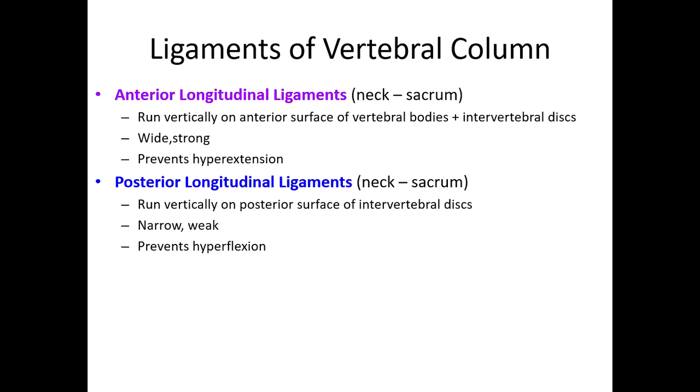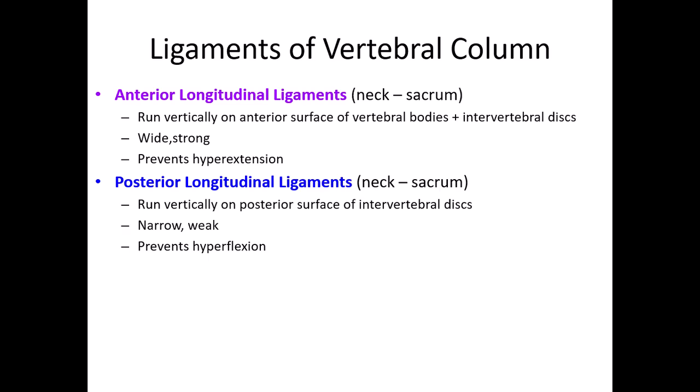And so this posterior longitudinal ligament is running inside that vertebral canal. It prevents hyperflexion. And really, we are able to flex pretty easily with our normal body movements. Flexion, remember, is bending. So if you're standing in anatomical position and you bend down to touch your toes, you can do that pretty easily without damaging anything or hurting anything.